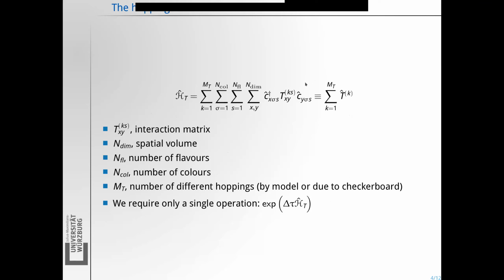still some variables available. First and foremost, you have hopping matrices that specify this quadratic form in the fermionic operators, T, X, Y. So these are the spatial indices, X, Y, and you can have MT numbers of them, and you can have NFL flavors of the hopping matrices, and every flavor and every number of them can have a different hopping matrix for specifying this quadratic form.